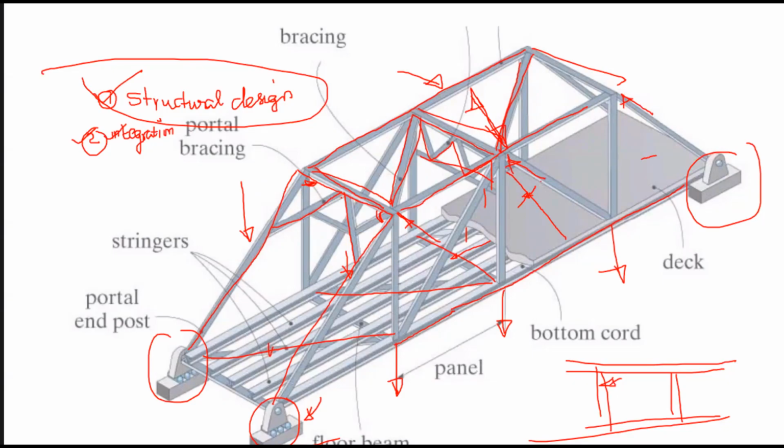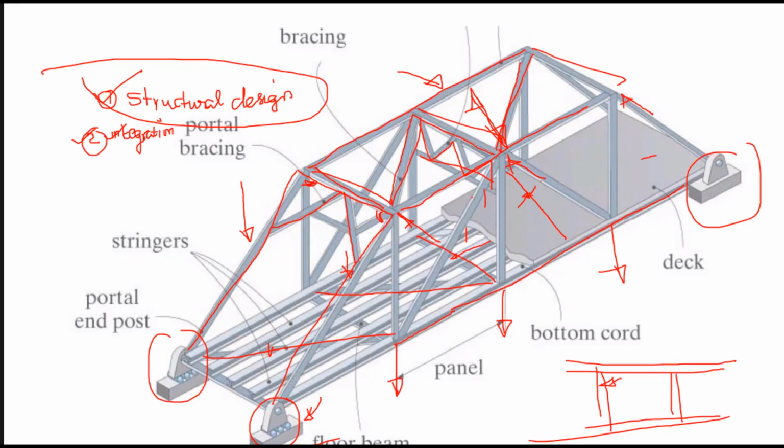The members or braces that I provide, and how I integrate them, depend on the force flow of the structure, and that is called the integration design. A truss bridge design is not complete without the structural as well as the integration design.